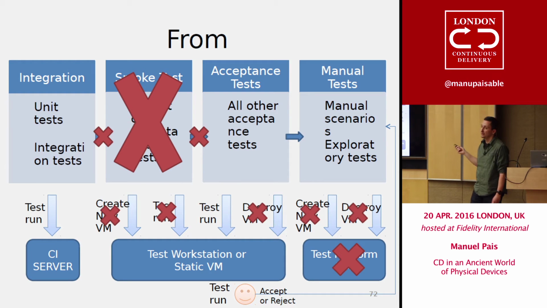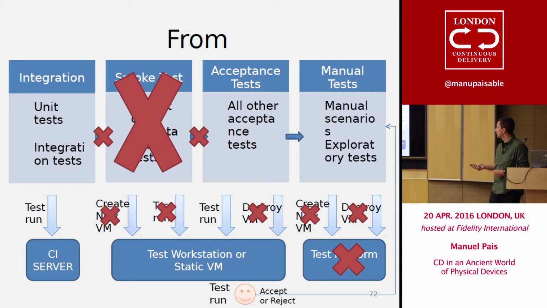And then a tester would update a workstation, a dedicated workstation, or a static virtual machine, so redeploying the application, and then run the automated tests and do a lot of manual tests still to finally say, okay, this is a good candidate release for our clients or not. So that was pretty long.